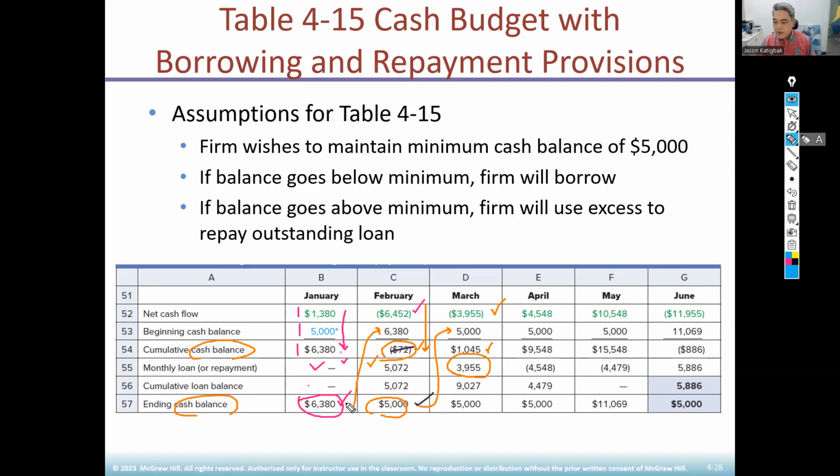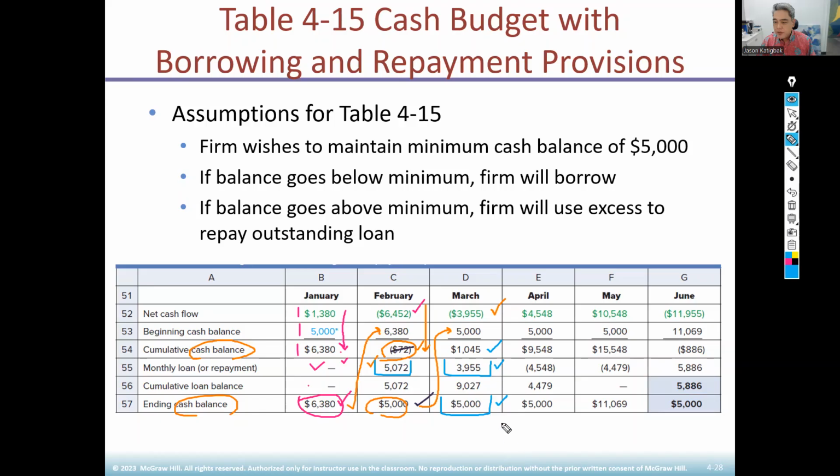Okay. The first loan, 5,072. The second loan is actually 3,955, in order for you to make 5,000. So what happens now? 1,045 plus 3,955, you would actually have now a 5,000 balance, right?